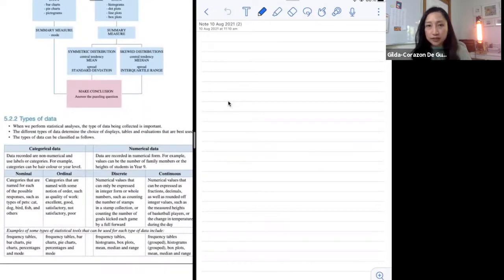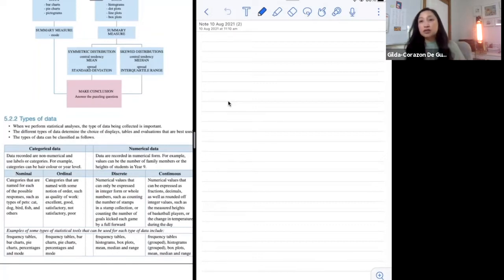With categorical data, there are two types as well. You've got the nominal and ordinal. Nominal, name, so it's naming the category. When you say ordinal, there's order in the category. So when you say naming the category, it could be colors, the most popular color of the pencil case.